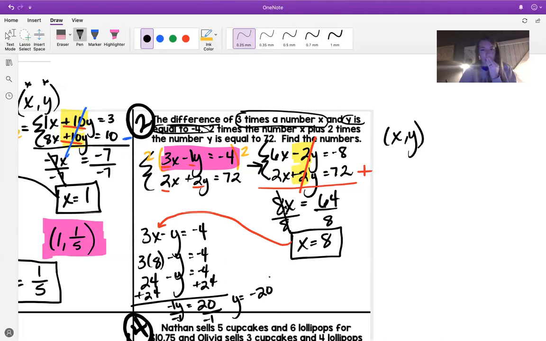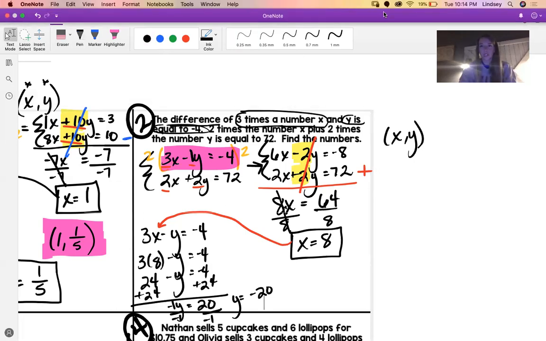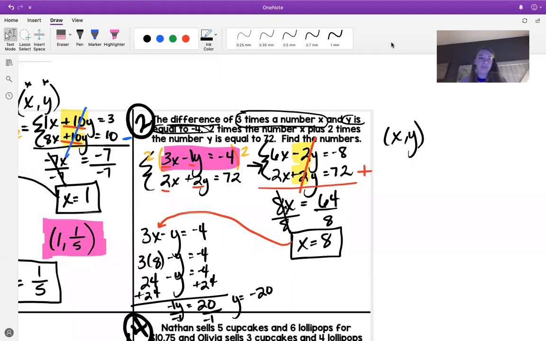Where did I mess up? 8 times 3. I messed up somewhere. Look at this. All right, yeah, okay. Well, I see my mistake. You are probably all like, obviously this is the issue. All right, so that's a +24, so I should have subtracted right here.